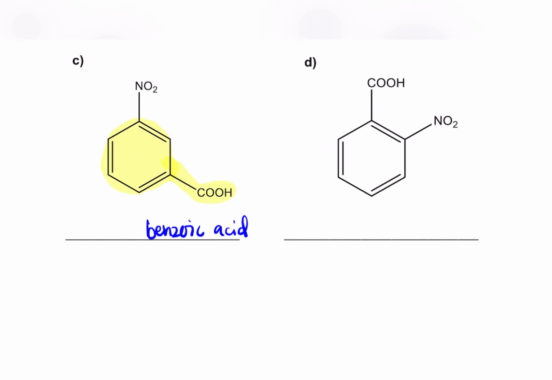And what's next? I got this carbon at position carbon number 1, number 2, and number 3. So NO2 right now is what we call nitro, at position carbon number 3. So the name will be 3-nitro-benzoic acid.